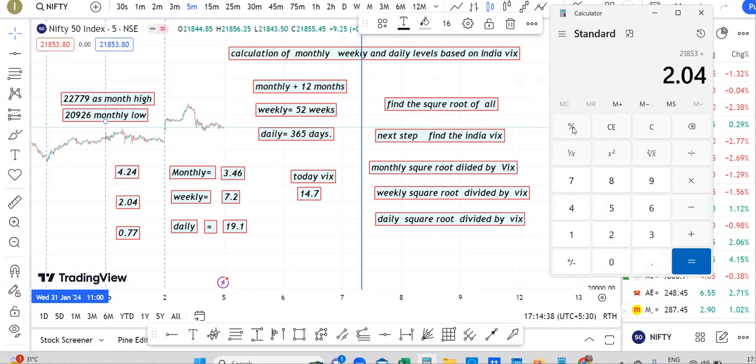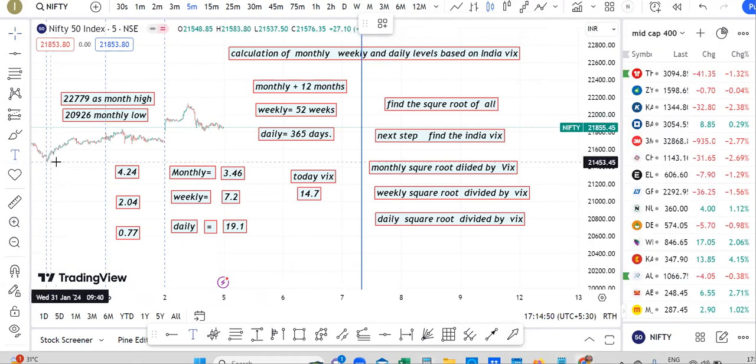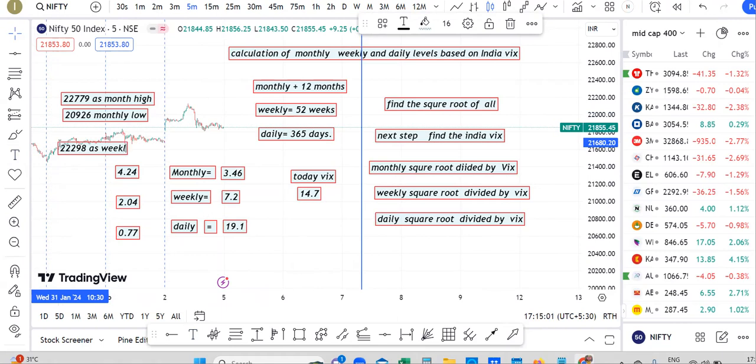I'll convert into percentage, is equal to 22,298. 22,298 as weekly high.